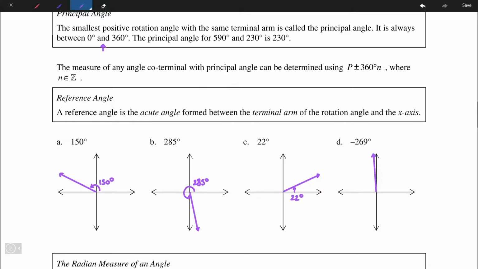And finally, negative 269 in the fourth example here. So the reference angle in each case is the acute angle formed with the terminal arm and the x-axis. In the first case, it is simply 30 degrees. In the second case, that's the reference angle, and it's going to be 75 degrees.